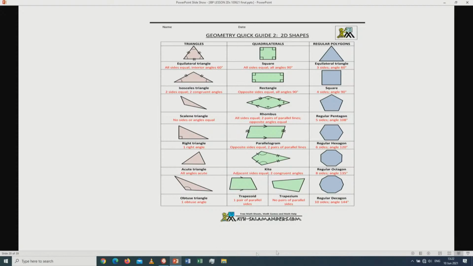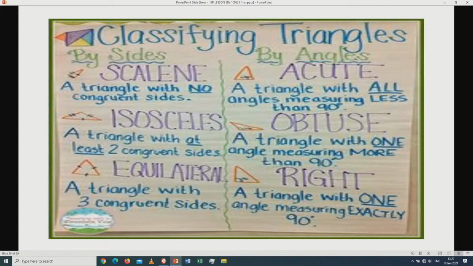We have also discussed this. We said initially the angles of a quadrilateral add to 360, of a triangle must be 180, and the properties and so on. We've discussed that one. Classification of triangles: scalene, nothing is congruent. Isosceles, only two congruent. Equilateral, all sides equal as well as angles.